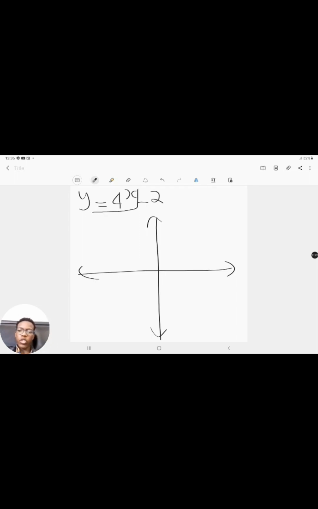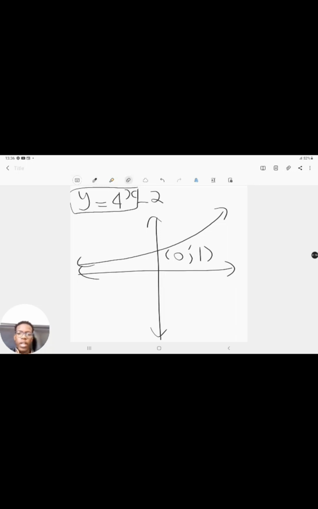If I had to express this graph in terms of its original equation, I would have y is equal to 4 to the power of x. You don't need to sketch the original; I'm only sketching it because I'm explaining. The original would look like that, and it would have an intercept of (0, 1) there.